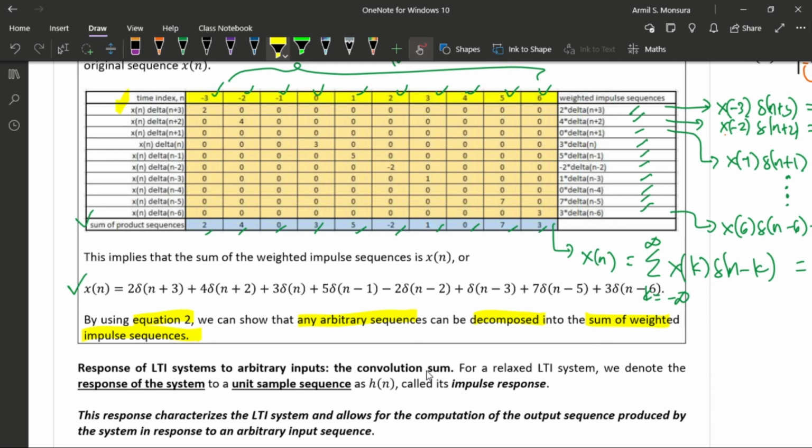Yun yung importance now of knowing that we can break down or resolve your arbitrary sequence into sum of weighted impulse sequences. And again, yung knowledge dito is actually a preparation dun sa ating next na gagawin, which is now to determine the response or the output sequence, the response of LTI systems to arbitrary inputs. So I'll continue that on the next recording.